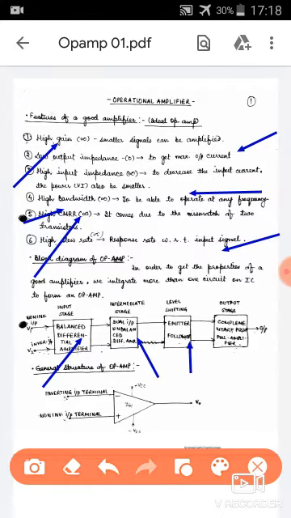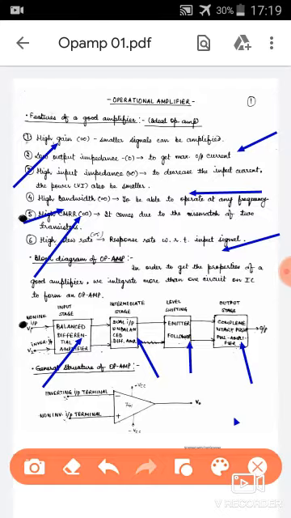The third stage is the emitter follower stage, which basically performs the function of shifting the DC level of the signal. The last stage is a complementary push-pull amplifier, which results in a larger output. This means this operational amplifier is made up of 4 block stages of different amplifiers.